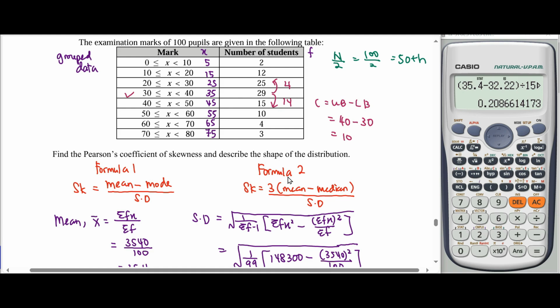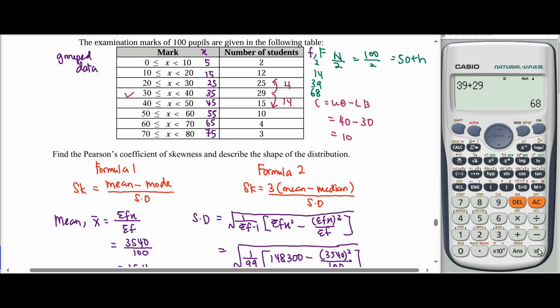So we find out the cumulative frequency here. This is 2, add up 14, add up 39. So 39 plus add on 29, it gives us 68.